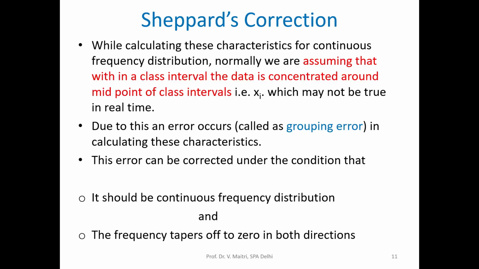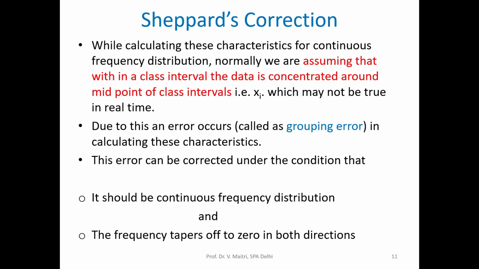The midpoint is found by upper limit plus lower limit divided by 2, that is xi. So we are assuming that the whole data within that class interval is around xi, but this may not be true in real time.